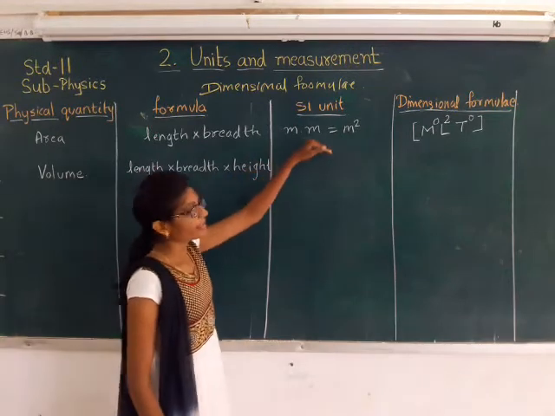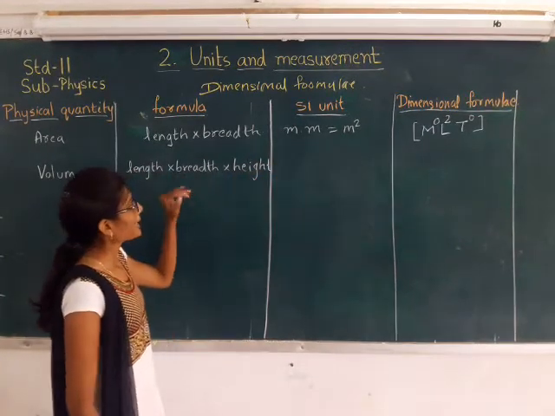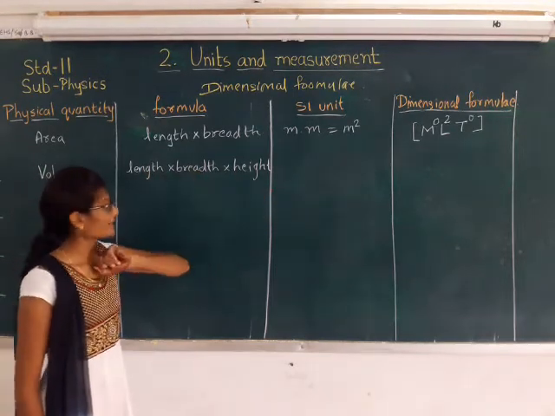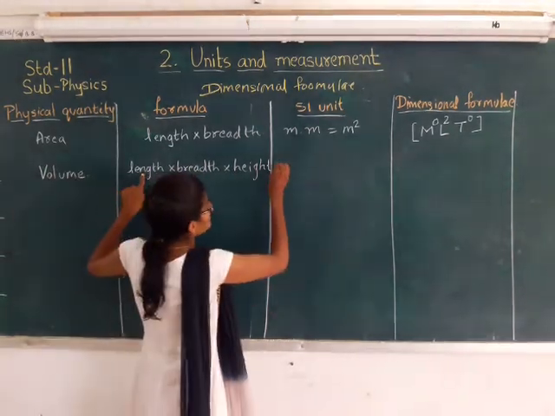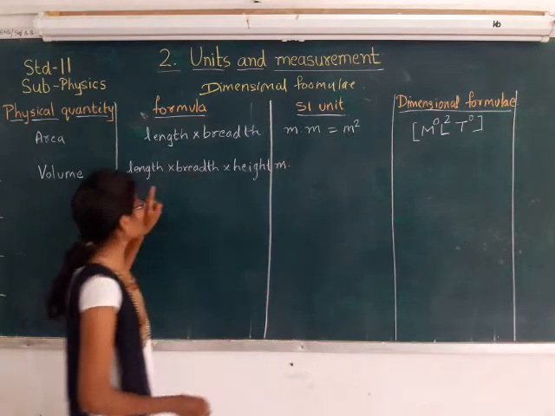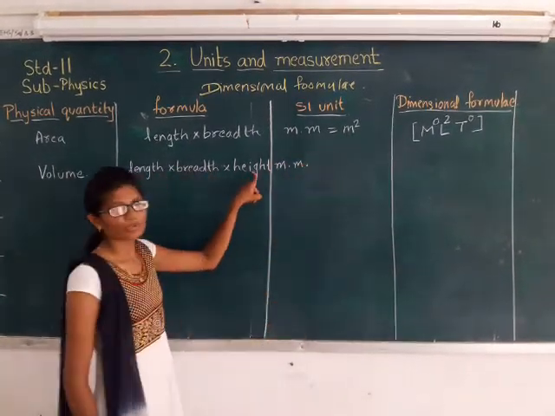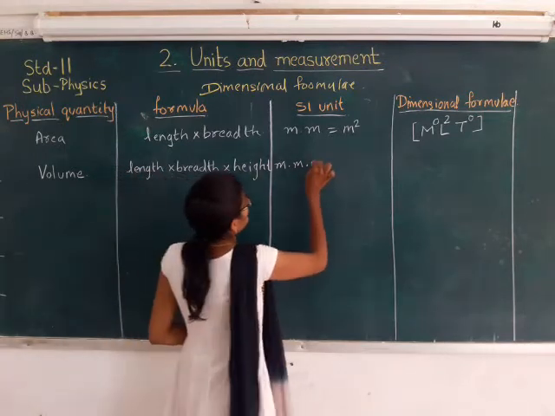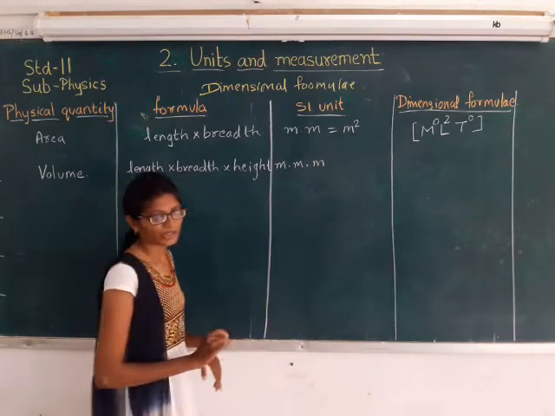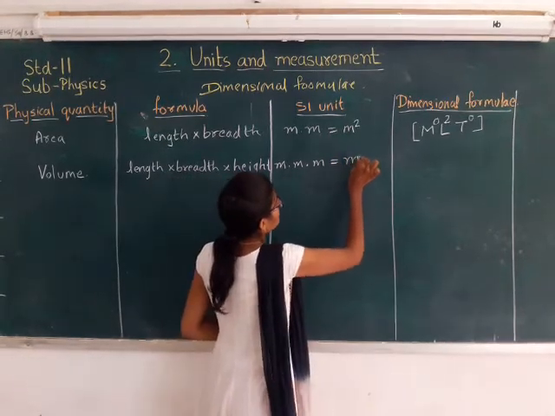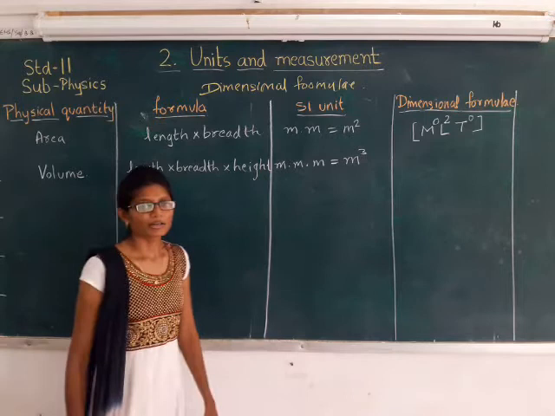Now we need to write the unit for this volume, and that depends on the unit of all these three quantities, right? So the unit of length is meter, into the unit of breadth, that is meter, into the unit of height, which is again measured in meter, right? So we can write this as meter cube, right?